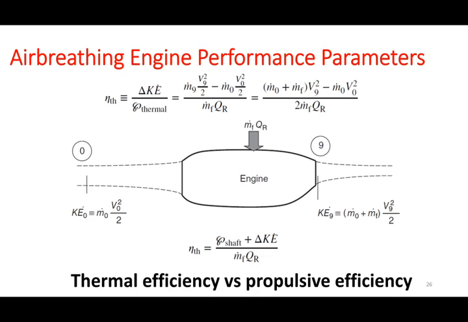Okay, but the next performance parameter we want to discuss is the thermal efficiency. Thermal efficiency can be defined as the amount of kinetic energy you can extract from the energy that is produced by burning the fuel in the combustor, essentially, right?